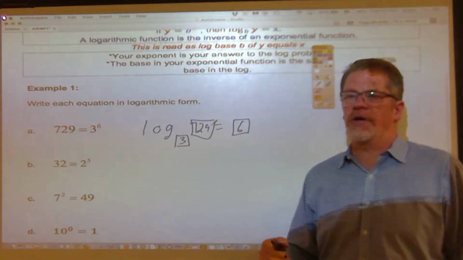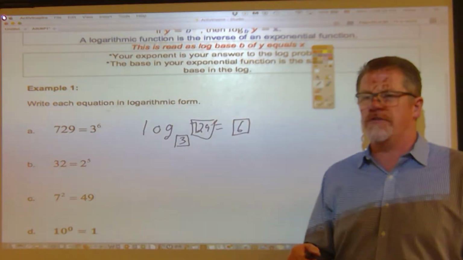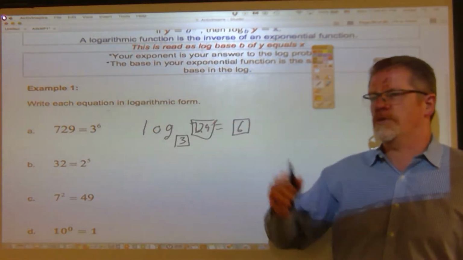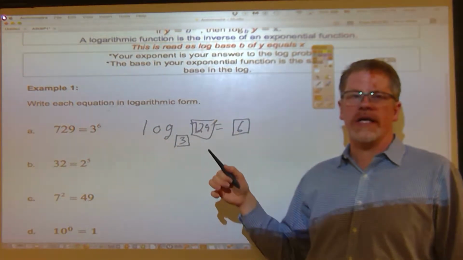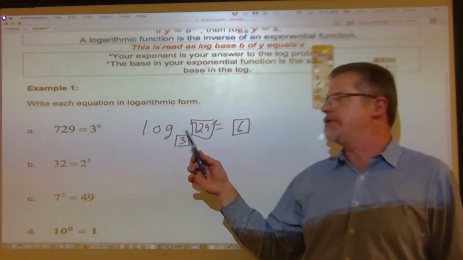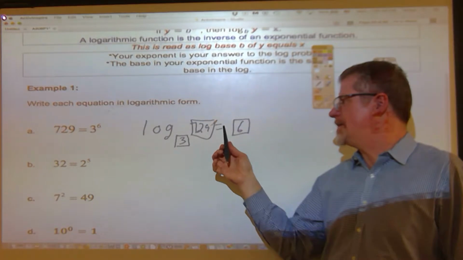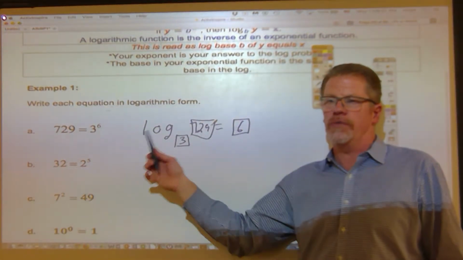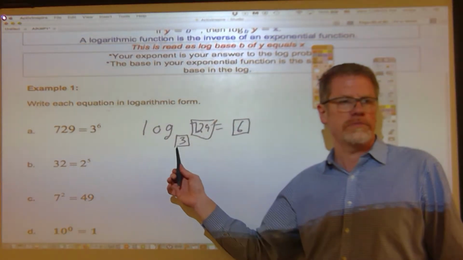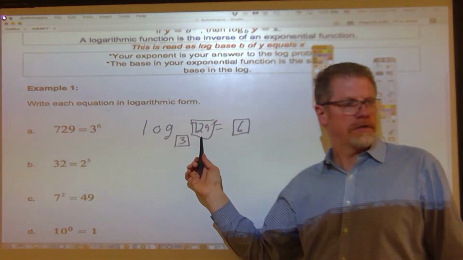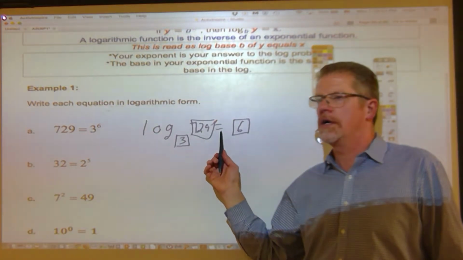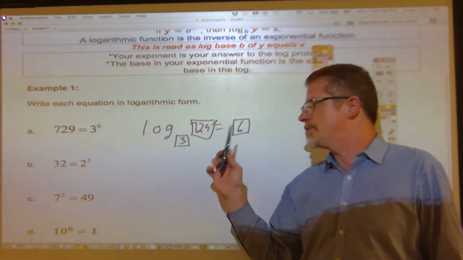Let them hear you on the other side of the cinder block wall. When I say go, say the log base 3 of 729 is 6. Ready? Go. That's pretty good.